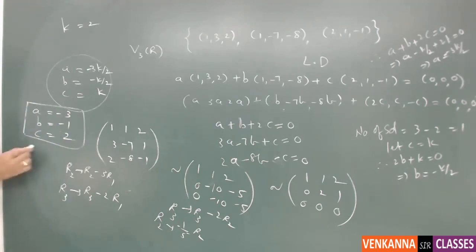In other words, A is equal to 3, B is equal to 1, C is equal to minus 2. If you substitute these values in the equations, they will get satisfied. So you have found non-zero scalars A, B, C such that the result of the combination is 0. Therefore, the given set is a linearly dependent set.